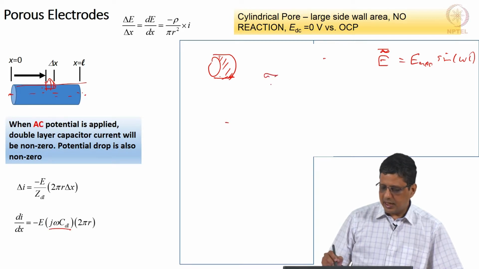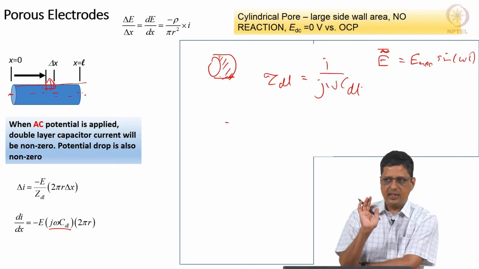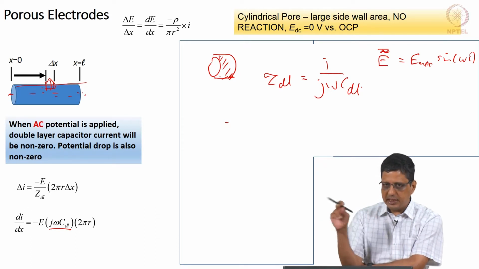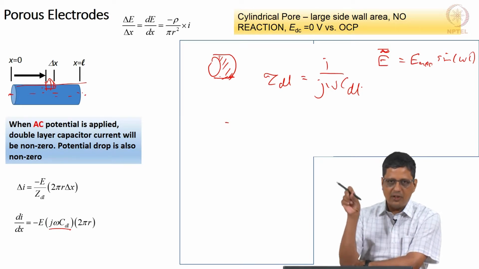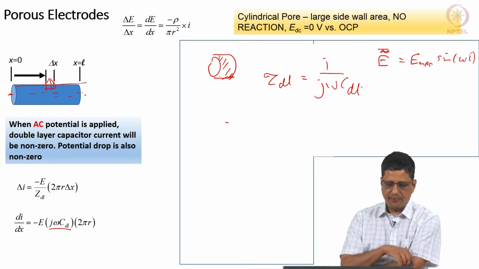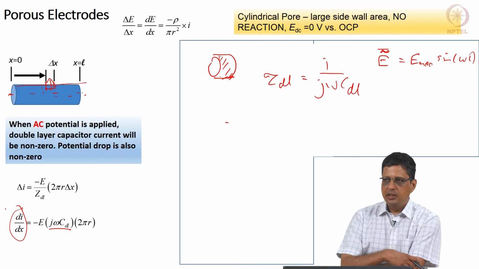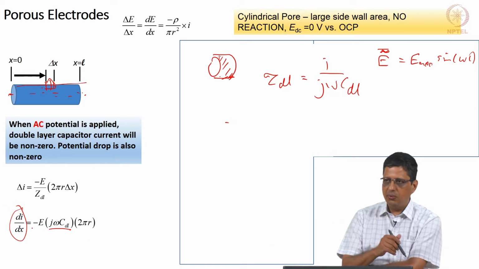Z double layer, or Z CDL, is going to be 1 by j omega CDL. So, all that we see is the capacitance current here, except the AC potential's amplitude keeps decreasing. Therefore, the current through the sidewall for a given sidewall area will keep decreasing as we go along. That is what is given here. dI by dx is going to be decreasing as we go along, therefore it is negative.